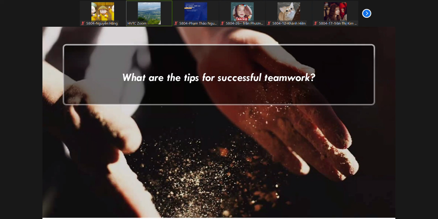And we also have to come to the next one, that is, what are the tips for successful teamwork. When we talk about the tips for successful teamwork, can you discuss in group and then try to make a list of all the tips that you think can make a successful teamwork, in about 5 or 10 minutes.